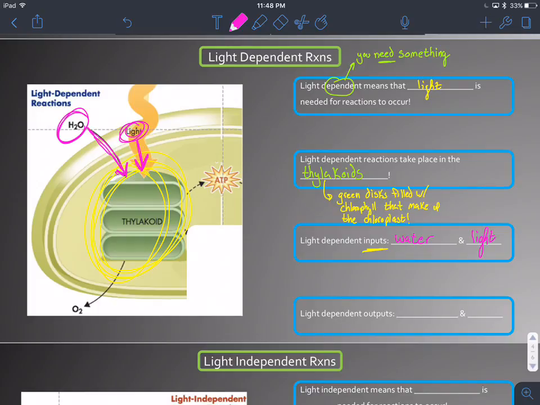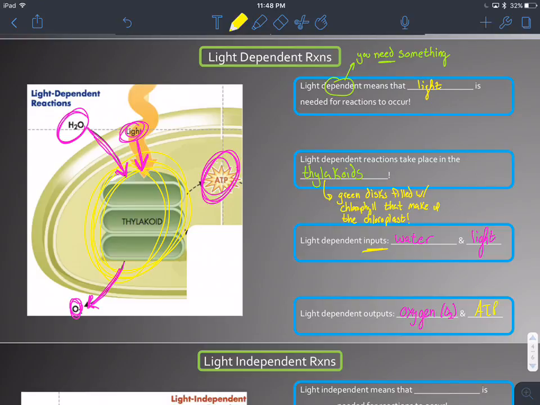Now, our outputs, we have 2 of as well. The first one is oxygen. So oxygen is actually produced by this reaction. We'll put O2 there in parentheses. And then our other output is actually ATP, and this is very, very important, okay?